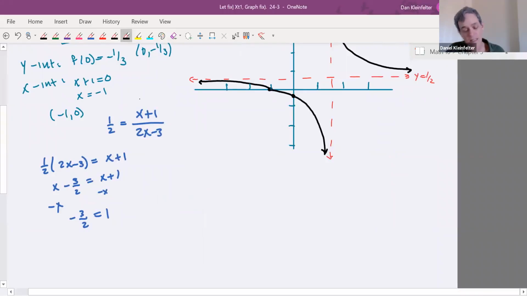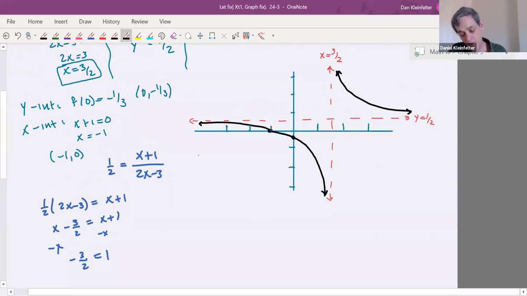We can say a little bit more using the arrow notation to describe the behavior of our graph. We could say as x approaches -infinity, our f of x approaches -1/2 from below. As x approaches 3/2 from the left side, f of x approaches -infinity.